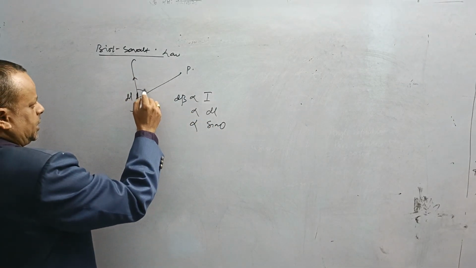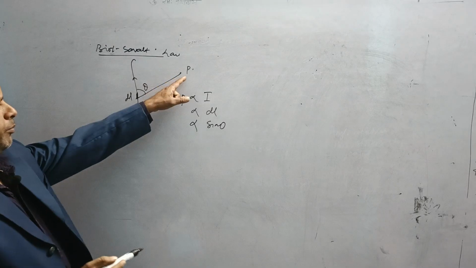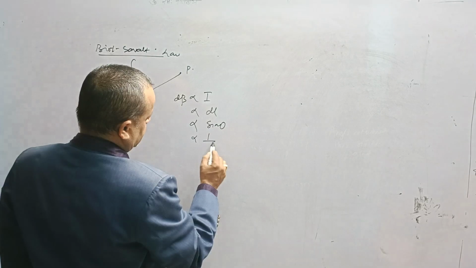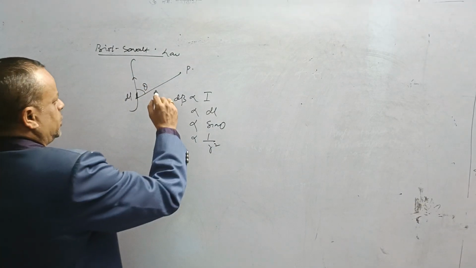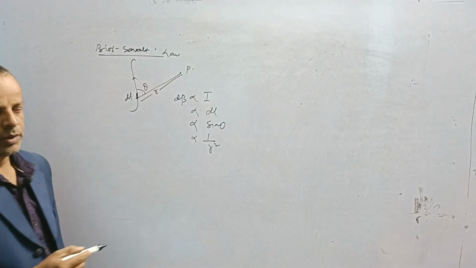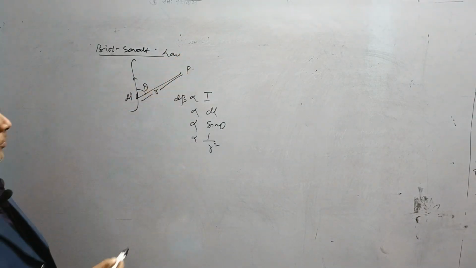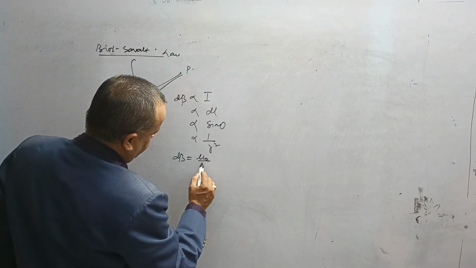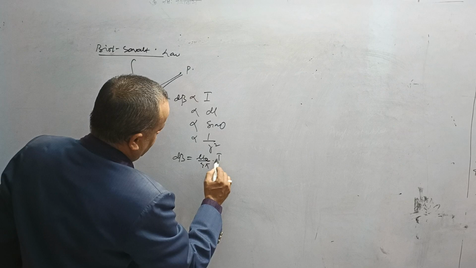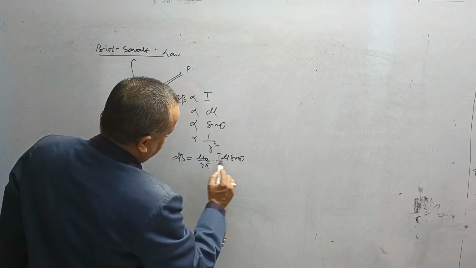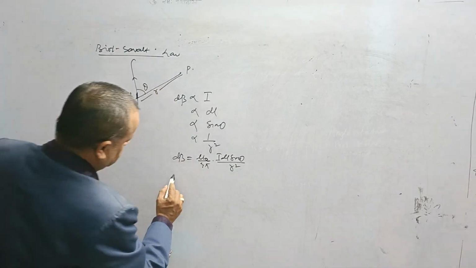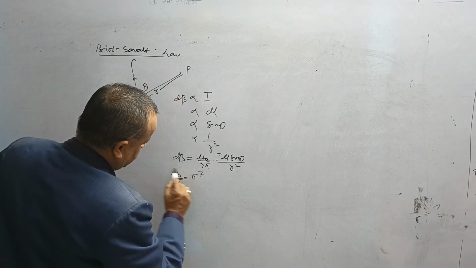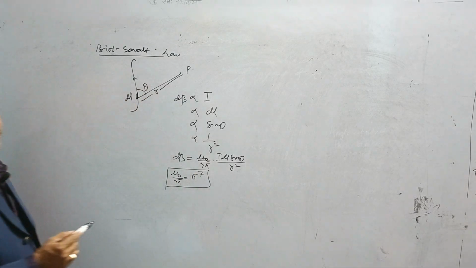This theta is basically the angle this element makes with the point P. Then it is inversely proportional to the square of the distance between this current carrying element and this point P. Summarizing all this into mu0 upon 4 pi, I dl sin theta upon r square. And mu0 upon 4 pi is a constant, equivalent to 10 to the power minus 7.